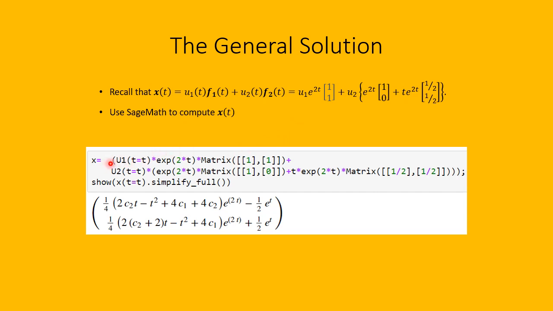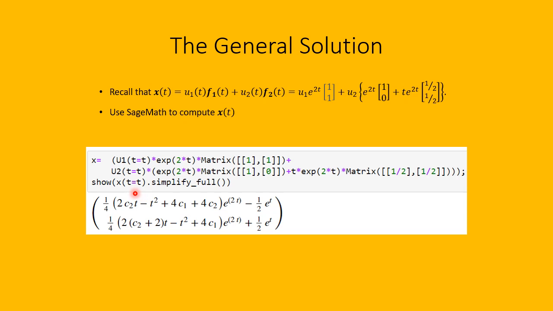So we'll let x equal u sub 1 evaluated at t equals t times f sub 1, which is this stuff right here, plus u sub 2 evaluated at t equals t times f sub 2, which is that stuff right there, which is written right here. For instance, matrix 1/2, 1/2 is this column vector right here.